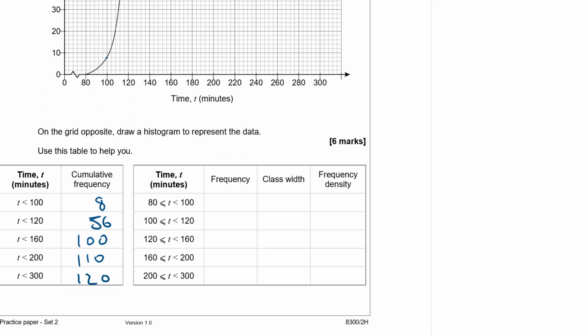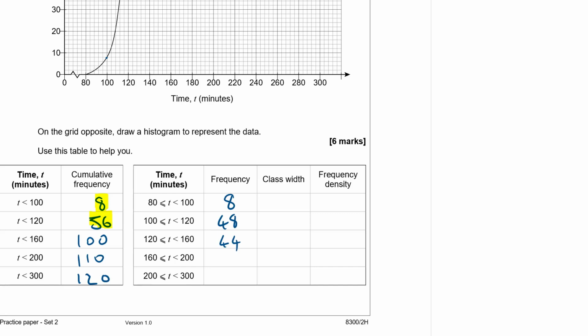Okay, so then we can work out the frequencies from our cumulative frequency. So between 80 and 100 must be all of those 8, so that goes in there. Between 100 and 120, that's going to be the difference between these two numbers. So 56 subtract 8 is 48. So between 120 and 160 is going to be the difference between 100 and 56, which is 44.